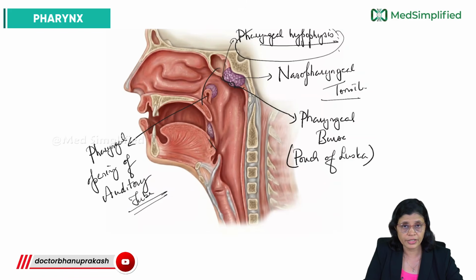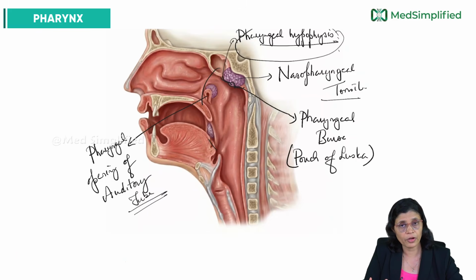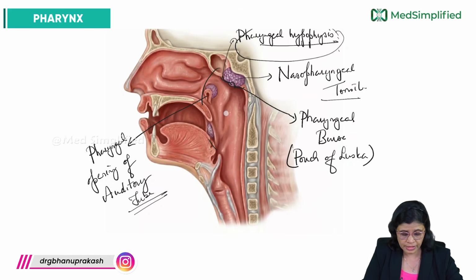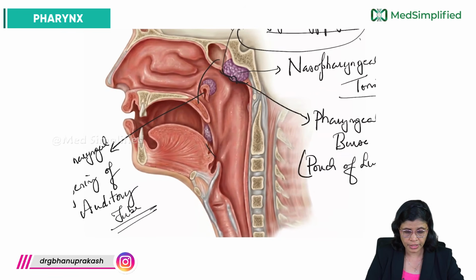So that is why any infection in the nasopharyngeal region can cause pain in the ear, or infection can spread from the nasopharynx to the middle ear through this auditory tube, and that results in otitis media. So this is the importance of this auditory tube here.